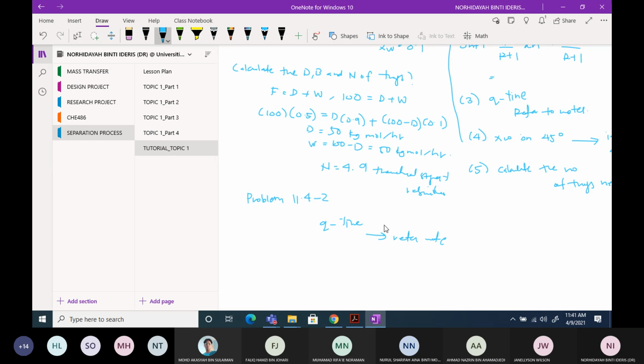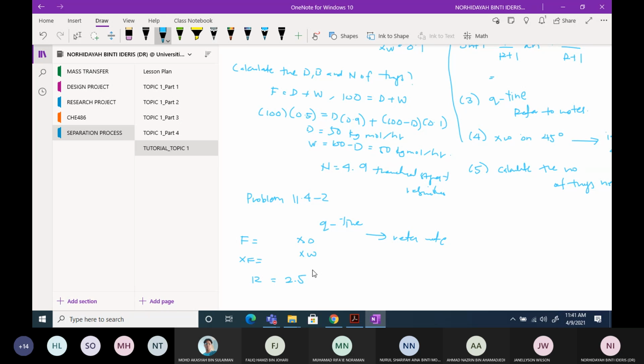What kind of Q line will you plot when you have a saturated liquid feed at its boiling point? F is given, the value of S is given, SF is also given, and as usual the values of SD and SW are also given. And the reflux ratio is given equal to 2.5.